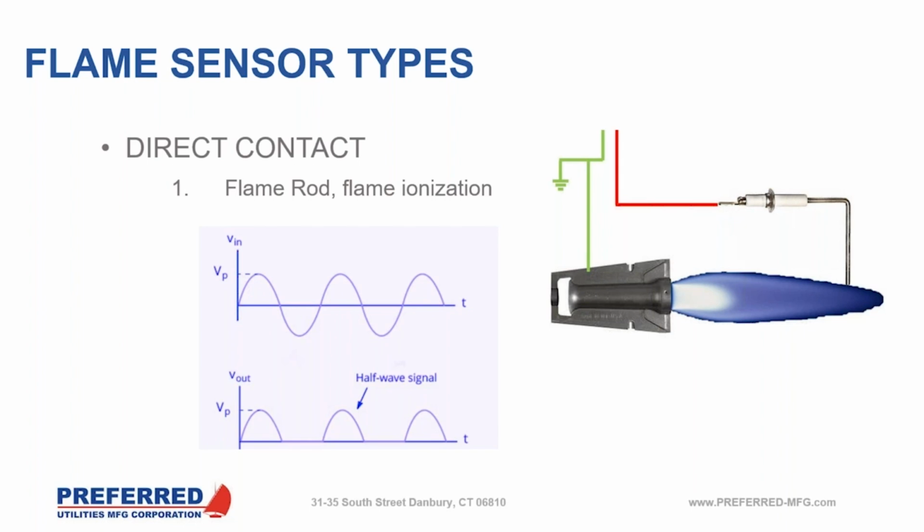Once that flame is established, there is a voltage applied to that flame rod versus ground. Now this voltage could be 120 volts AC, it could be 300 volts AC, but what we're doing is utilizing the flame as an electrical path. So we're conducting current from the flame rod to ground.